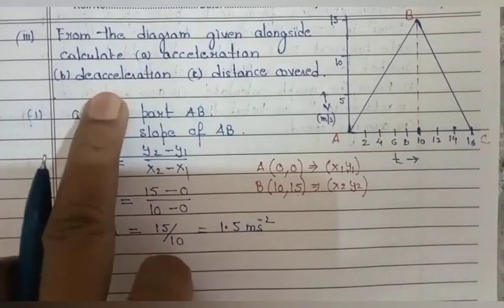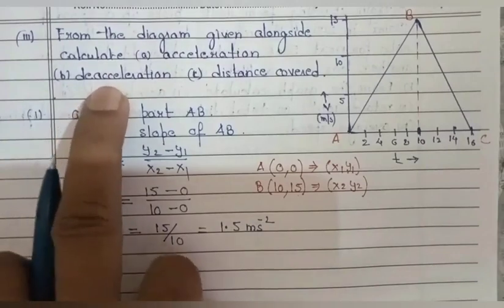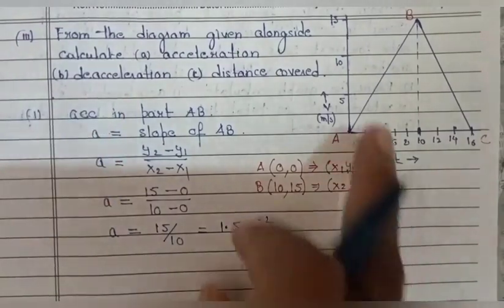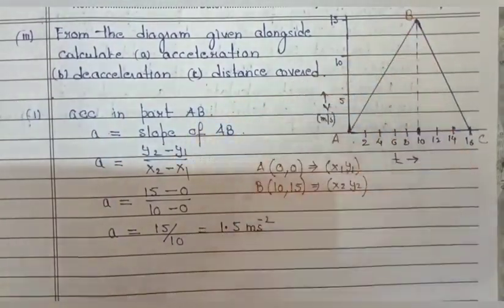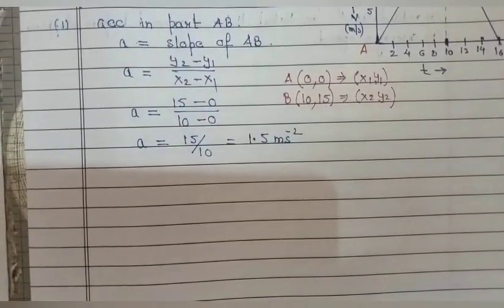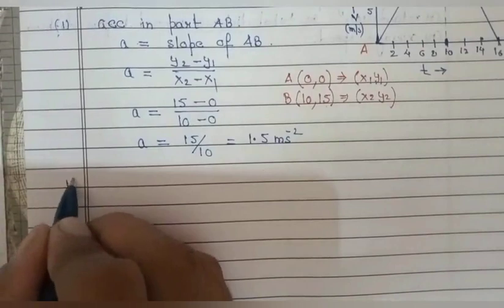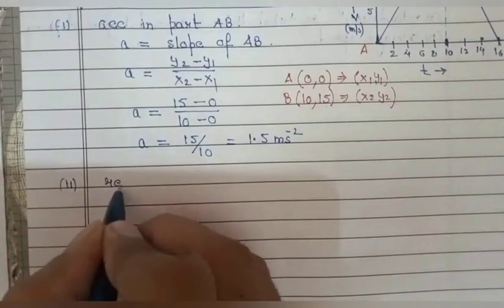Now in the second part they are asking you to calculate the deceleration, that is retardation. You can see retardation is in part BC. So what we need to do is find the slope of part BC.